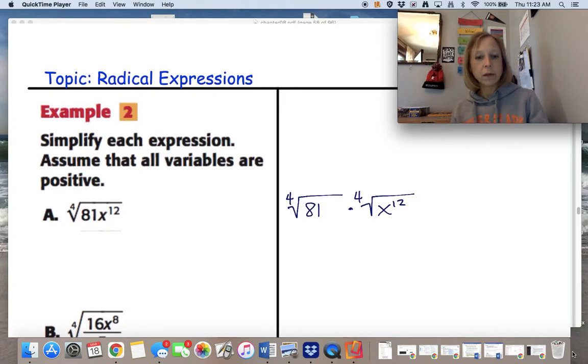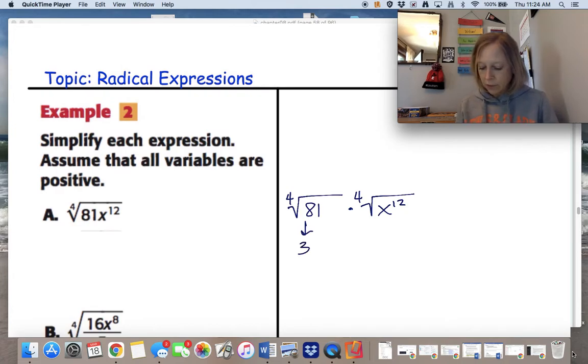So the 4th root of 81, what can I raise to the 4th power to get 81? Oh, it's 3. So this is equal to 3. Notice it says assume all variables are positive. It doesn't have directions that say find all the roots. We're just going to work with the positive numbers here.